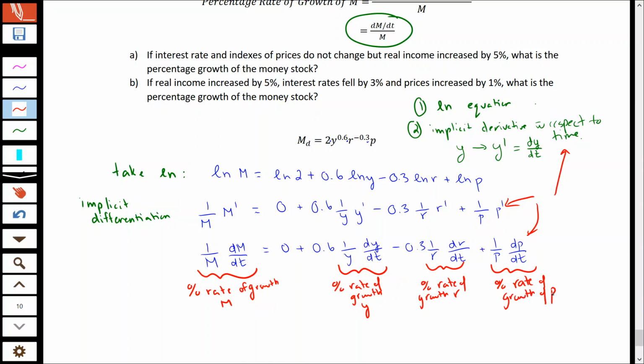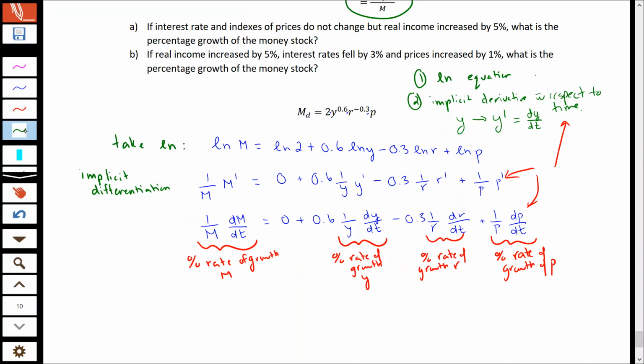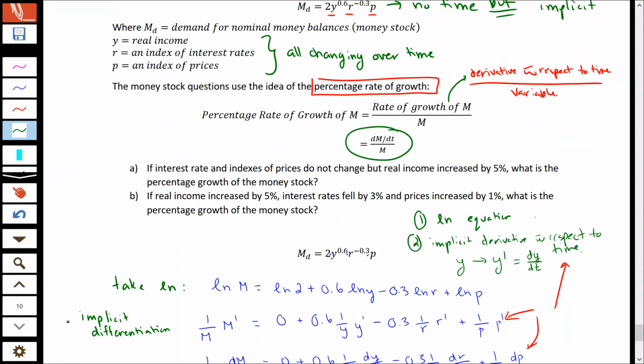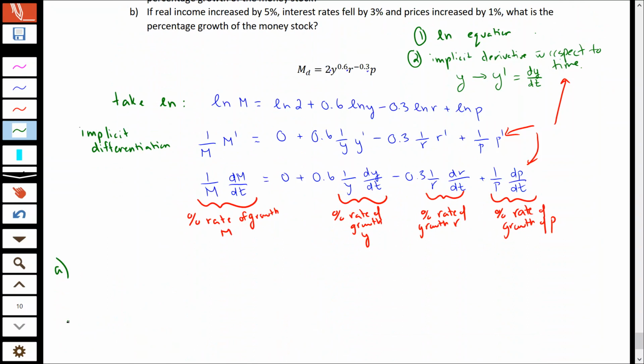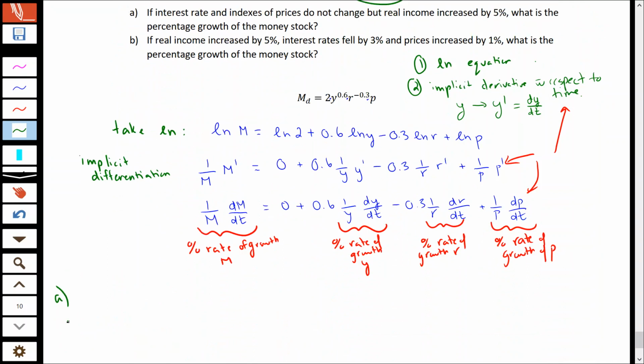And this term here, yep, you guessed it, percent rate of growth of p. So when we look at a question like A that tells us interest rate, and the interest rate is r, it's telling us that the interest rate and indexing of prices do not change. So that's telling me that the percent rate of growth of r is equal to 0, and the percent rate of growth of p is also equal to 0.